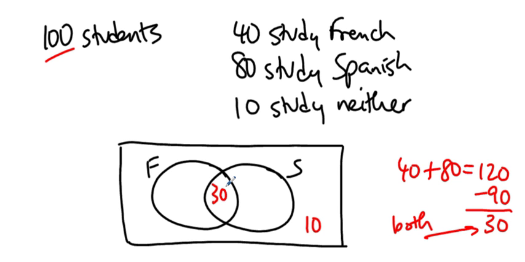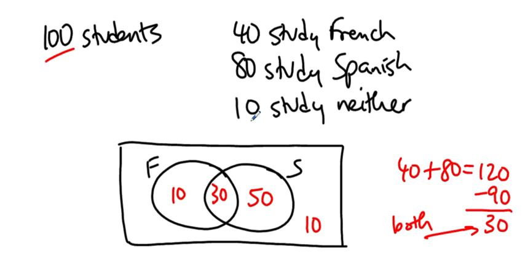And then I think to myself, if 40 people study French and 30 of them are already here, and if 80 people study Spanish and 30 of them are already here, and you can tell really quick, 10, 30, 50, 10, that's 100 people. So this is the Venn diagram that satisfies this and this and this, and we've got it.